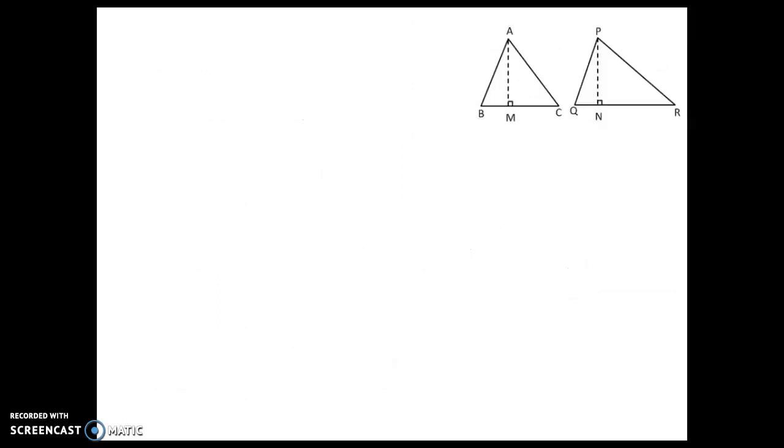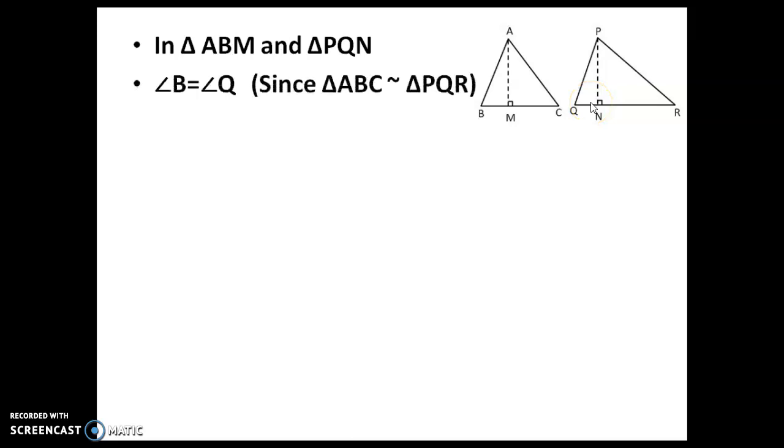Next slide. In triangles ABM and PQN, we are taking this half section of the triangle, since we want this height, and here this half of the triangle. In them, angle B equals angle Q. Why?